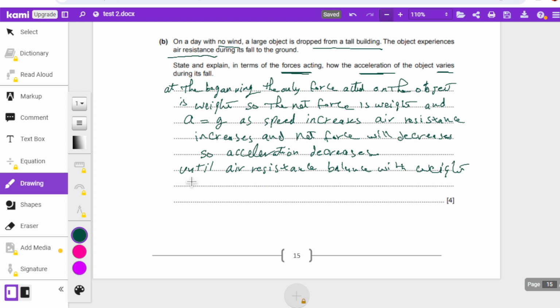In this case, net force becomes zero and acceleration equals zero. This is what happens to the acceleration with the change in net force.